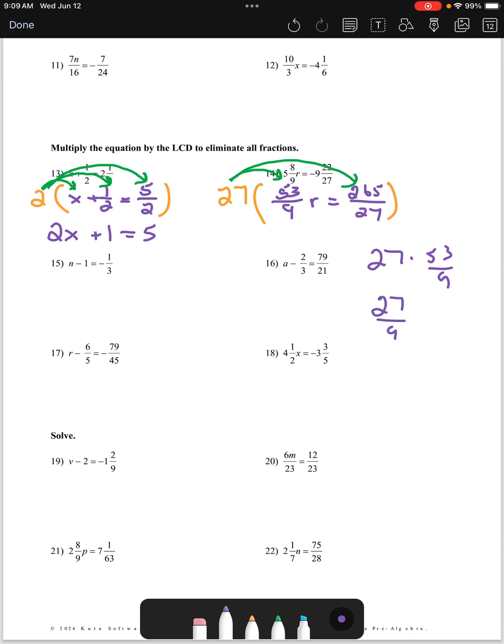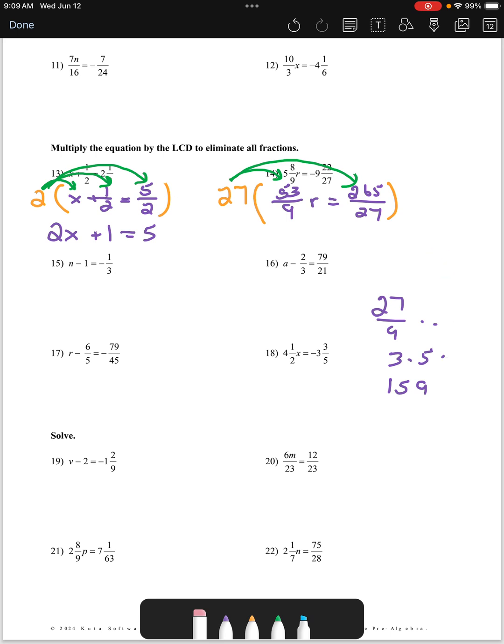I can shift that denominator to the 27 to do the math. 27 divided by 9 works very nicely, and that's kind of by design. That's why we chose 27. We knew it would play well with 9. Now I'm just doing 3 times 53. That's nowhere near as bad. 3 times 50 is 150, and 3 times 3 is 9.